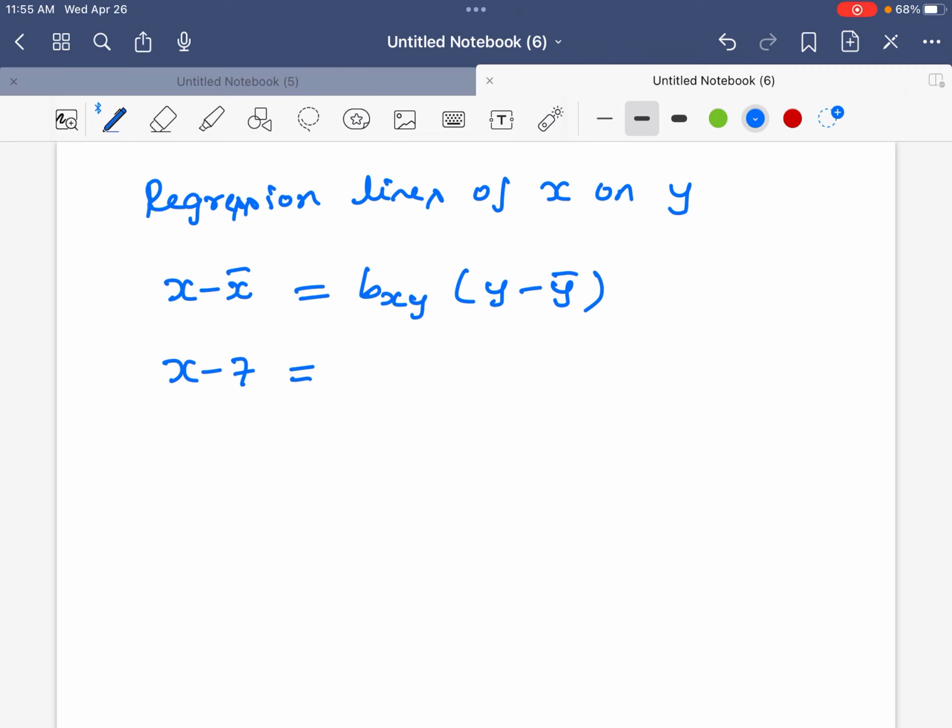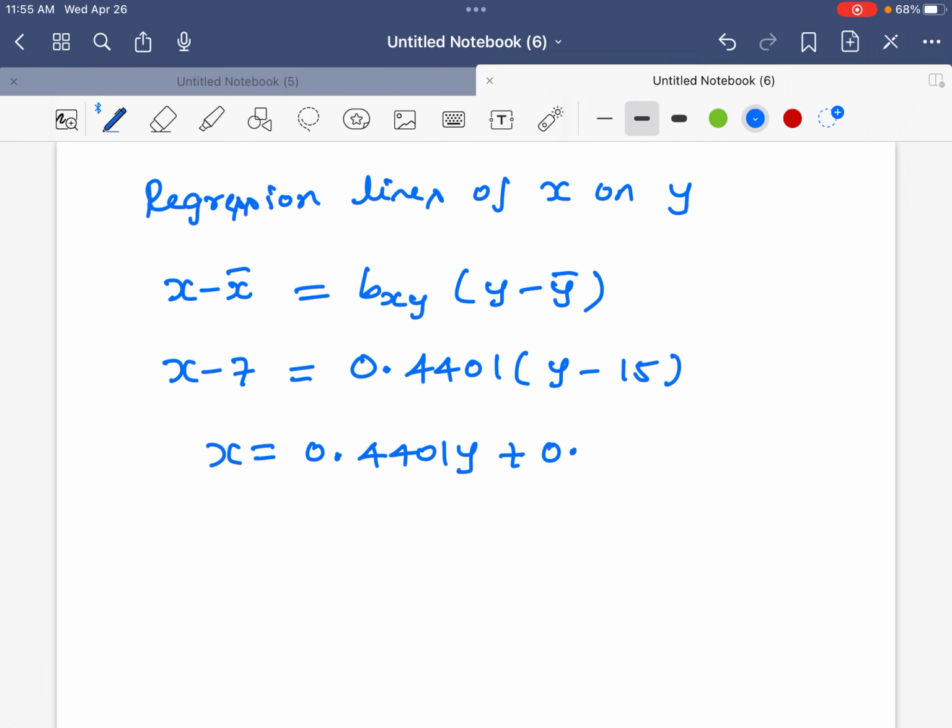As we know, the value of x bar is 7, bxy we have calculated as 0.4401, and y bar is 15, which on simplification gives you 0.4401 times y, multiplied with negative 15 and added to 7.